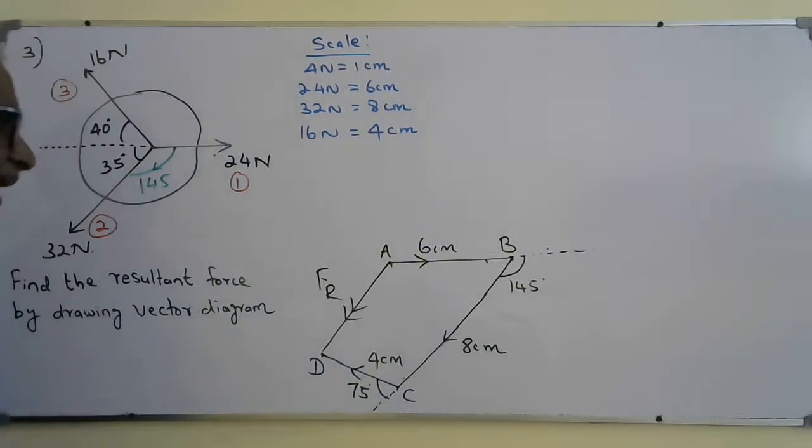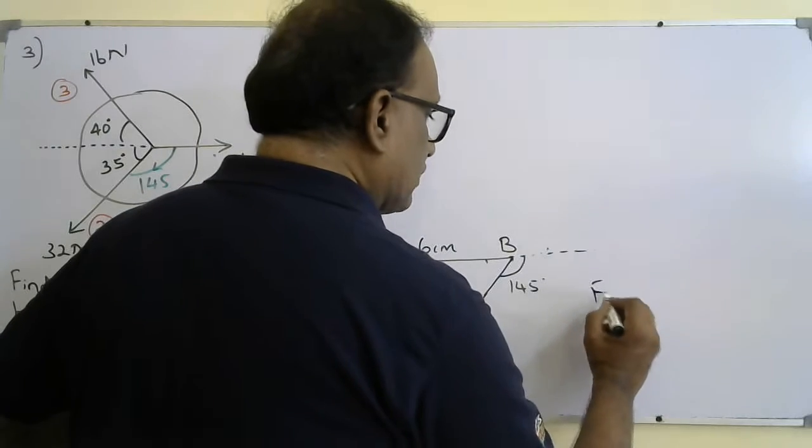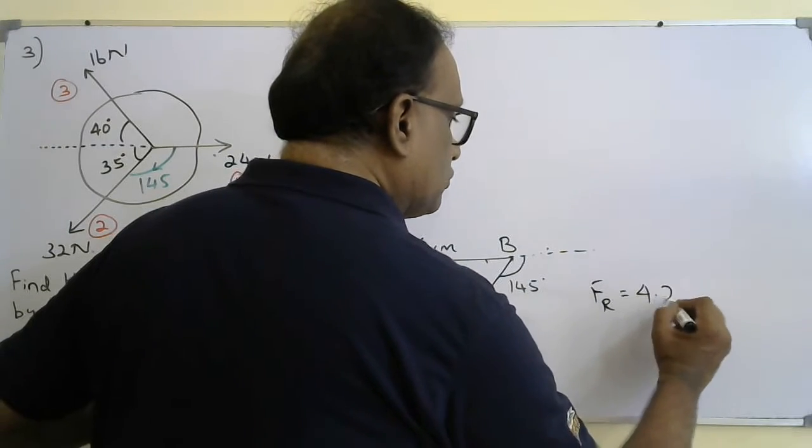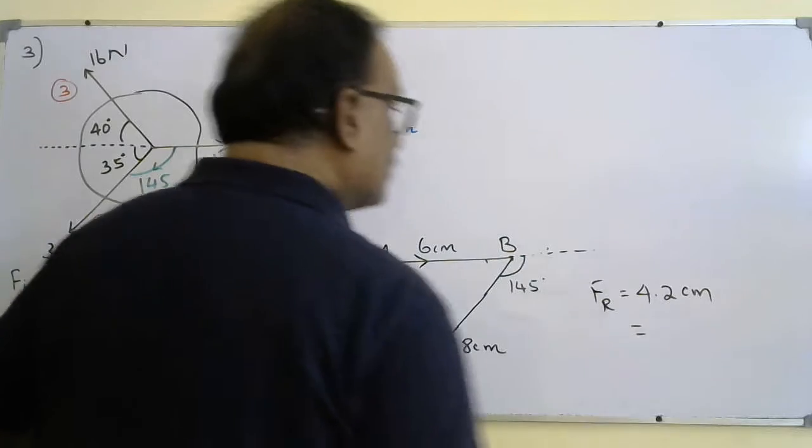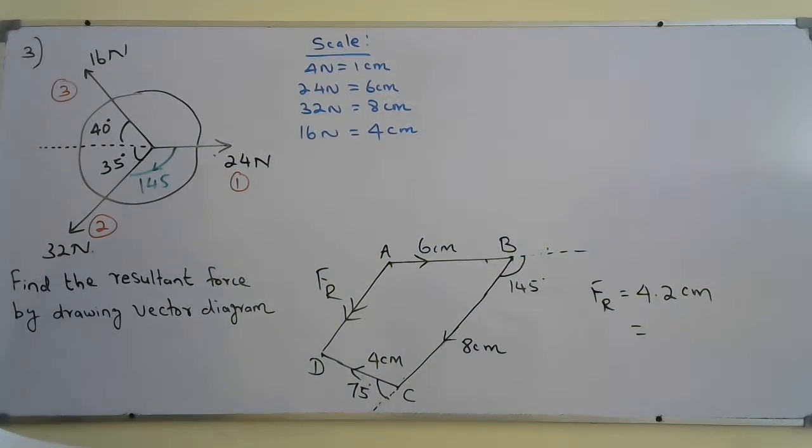The length of line AD is the resultant force. You can measure it. You will get the resultant force equal to 4.2 centimeters. That will be equal to 16.8 Newton.